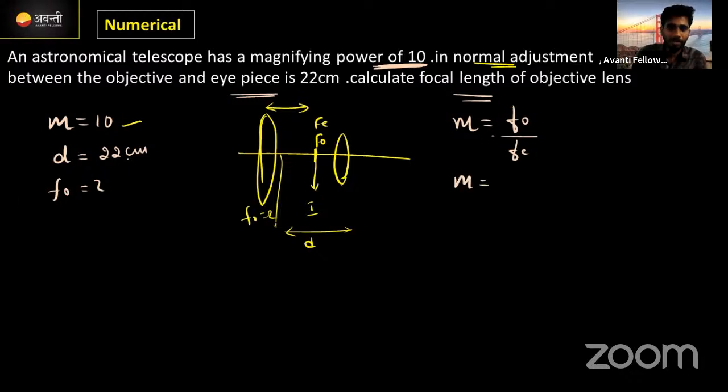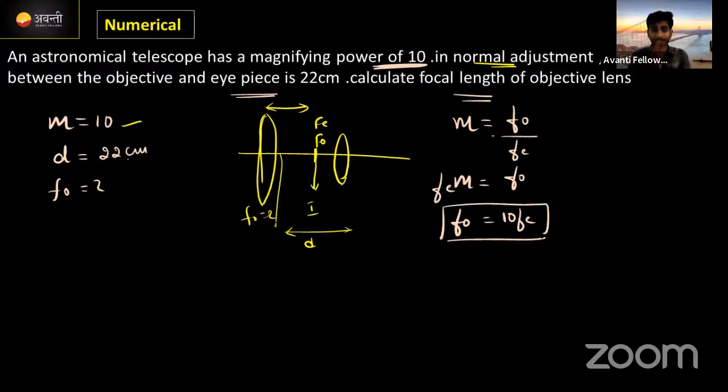We need to calculate f0. f0 will be equal to the magnification multiplied by the focal length of the eye lens, fe. Since the magnification is given as 10, f0 will be equal to 10 times fe. We got an equation. Great.